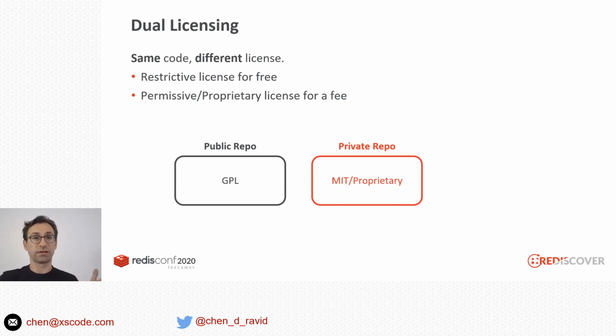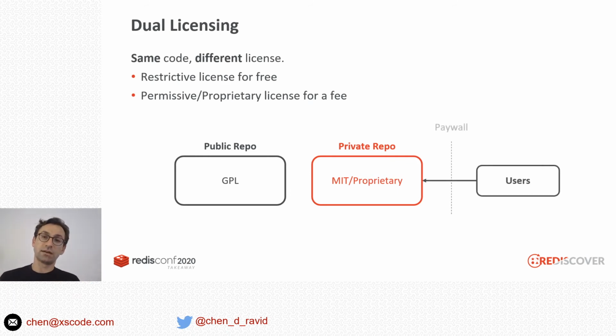You can have a proprietary license of your own or choose from one of the existing open source licenses there are. So pretty much like the open core, you keep a paywall that prevents people from accessing your private repository. And if somebody wants to buy the MIT license or the proprietary license, they have to pay.